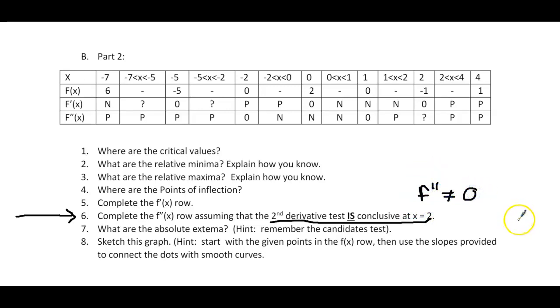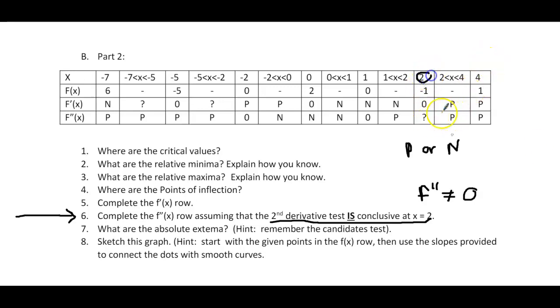Now, if that doesn't ring a bell for you, then you might want to go back and look at, I think it's lesson 5.5, if I'm not mistaken. Whichever lesson it was where we talked about the second derivative test. If the second derivative ever equals 0, that means that it's not conclusive. But since this one is conclusive, we know that this can't equal 0. So that means it either has to be positive or negative. It can't equal 0, since the second derivative test is conclusive at that point.